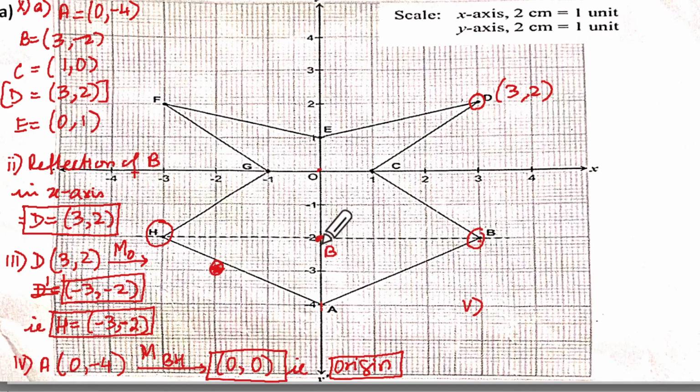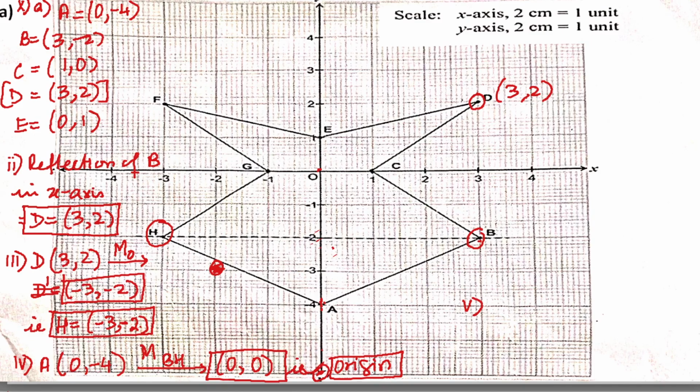If this was B and below this was H, then the reflection of A in BH would be invariant, because it is on the mirror line. Yes, ma'am. But this is not the case, so I'll just clean this and keep it this way.